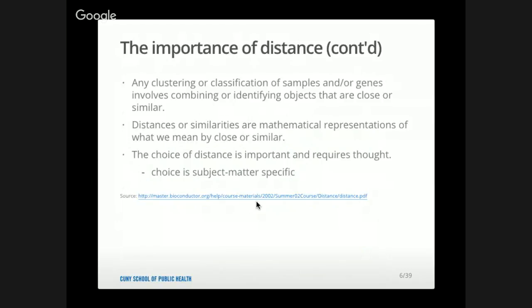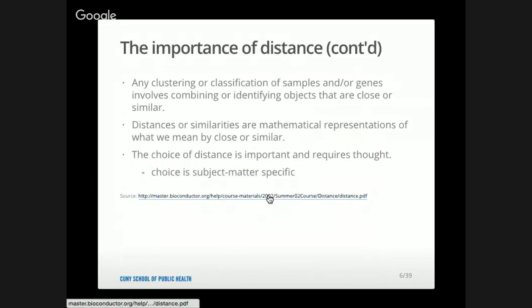So by way of example, in the heat map, when you see 2 columns that, you know, they're blue together and then they're red together, that's something that visually to us looks similar. Distances are mathematical representations of that. And there are a lot of different potential representations, and we have to choose ones that correspond to our own ideas of what makes similarity. And as a result, these choices of distances require some thought, and they're subject specific.